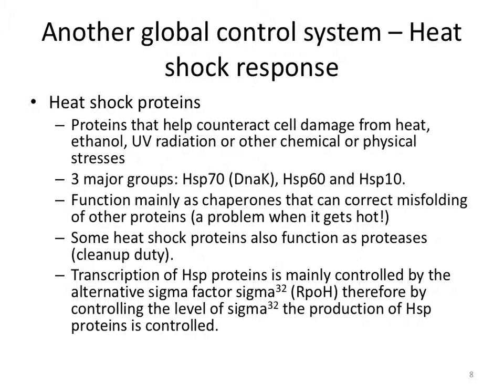This alternative sigma factor interacts with the promoters of genes that encode heat shock proteins, thereby controlling their expression and limiting it to circumstances under which the environment has signaled that it is necessary to transcribe those particular genes. Kind of a 911 response.